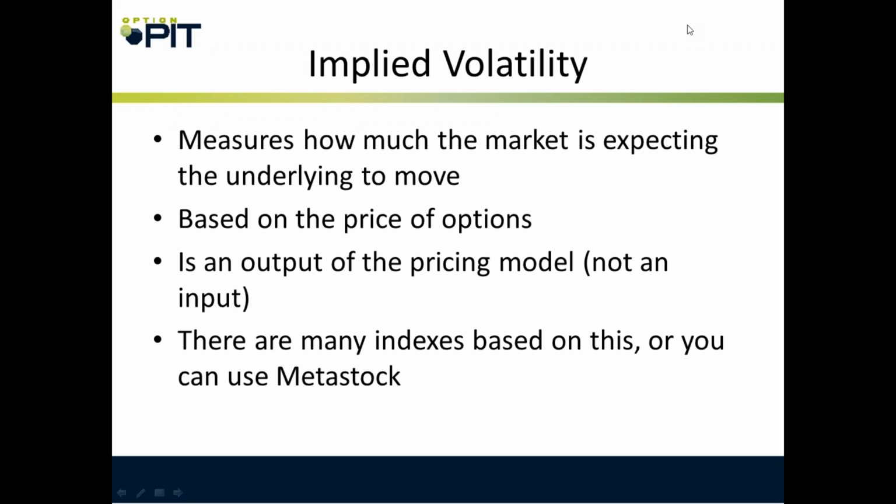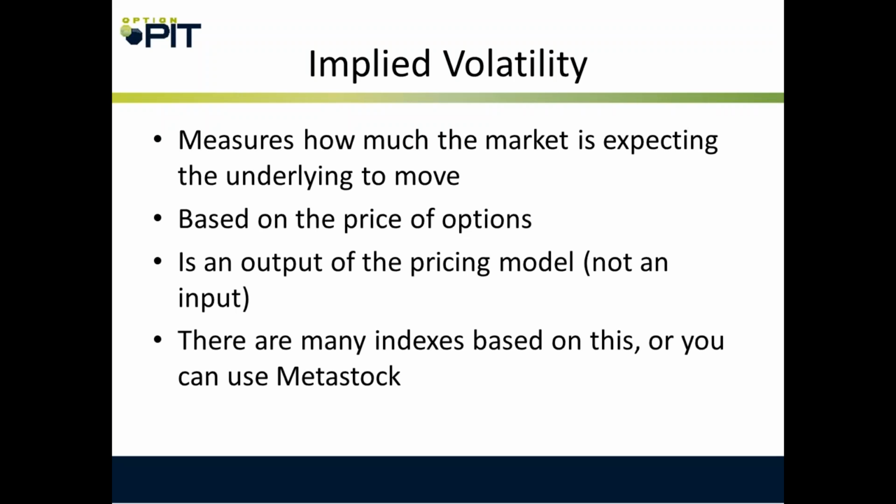Implied volatility measures how much the market is expecting the underlying to move. It's based on the price of the options, and it is an output of the model, not an input. Now, I've got tons and tons of stuff on implied volatility, so I'm not going to spend a ton of time, but the difference between HV, RV, and implied vol, IV, is that implied volatility is the only one that tries to be forward-looking.